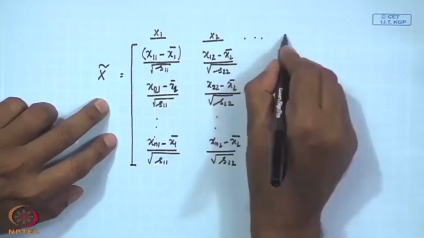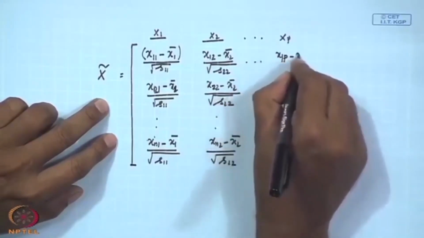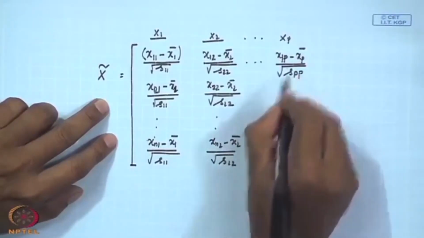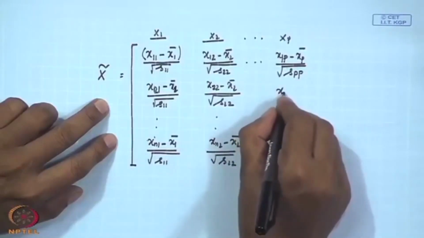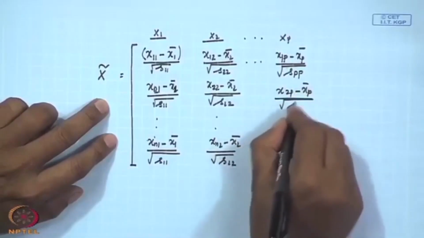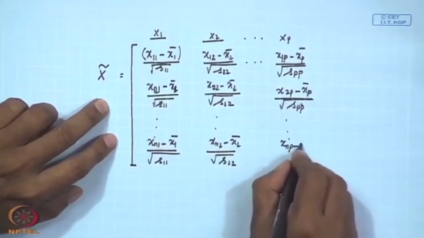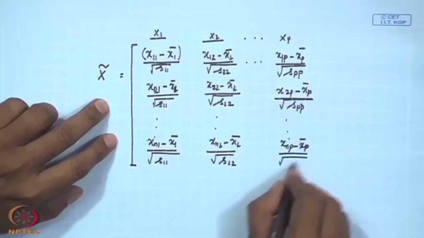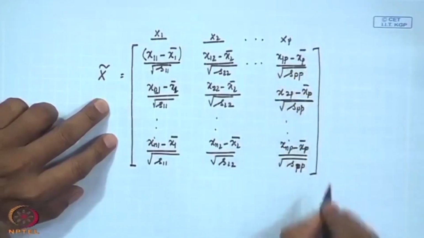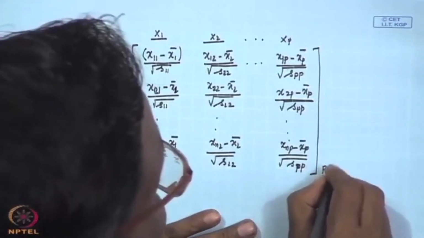So, if you go in this manner for the pth variable, then you will write x1p minus xp bar divided by square root of spp, then x2p minus xp bar divided by square root of spp. Same manner, xnp minus xp bar divided by square root of spp. This is a transformed data matrix n cross p.